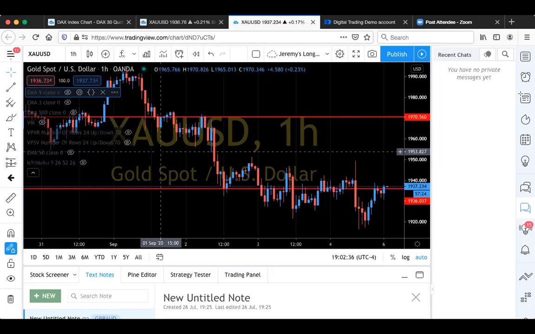So wherever that support and resistance is, usually it rejects from the indicator, or more likely rejects from the indicator, because indicators predict what the market should do. That doesn't mean the market's going to do it, but it's predicting what the market should do. So there should be extra confirmations on top of your analysis.